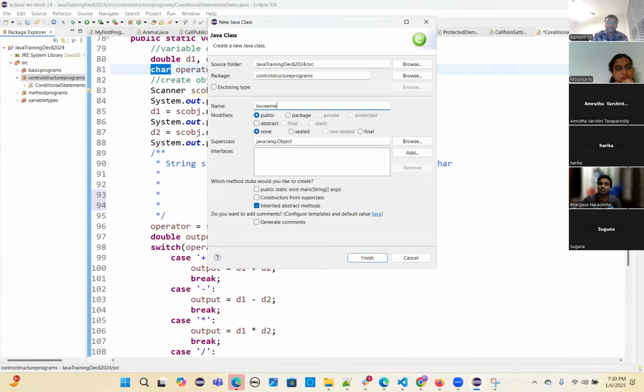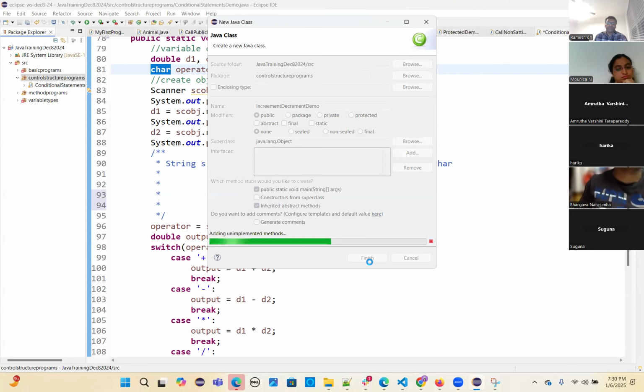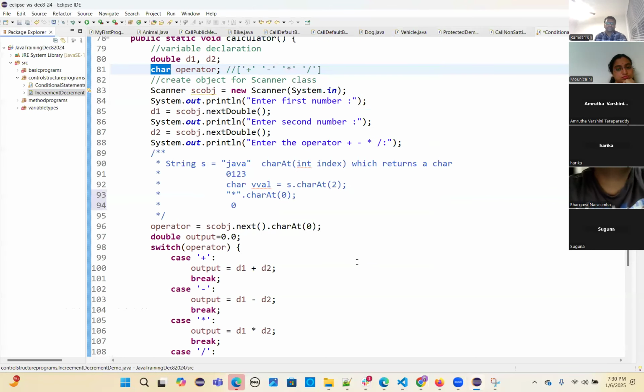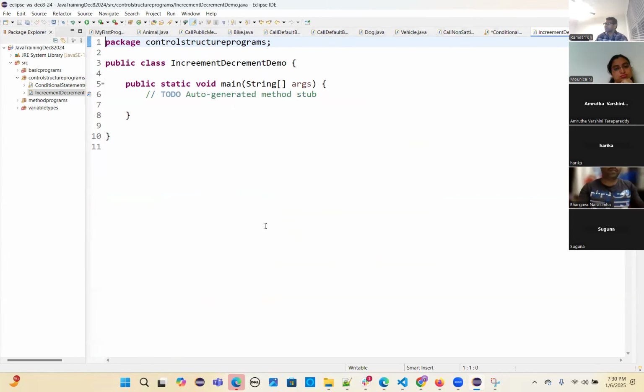Increment decrement demo. I'm taking the main method itself.